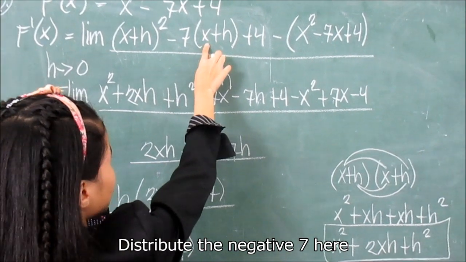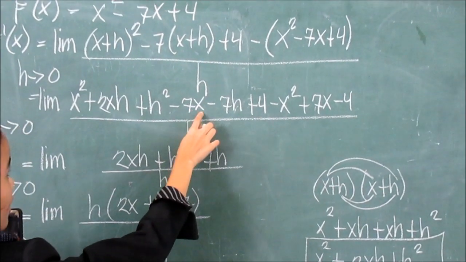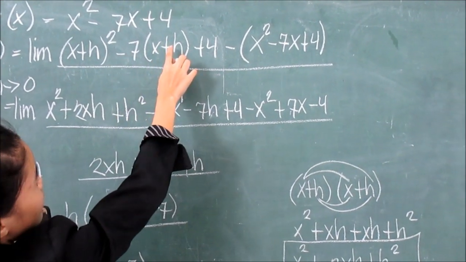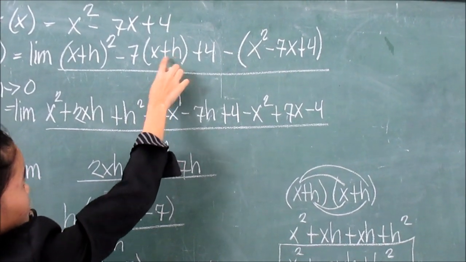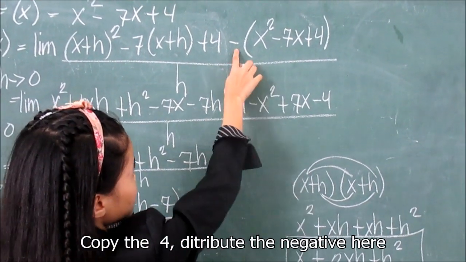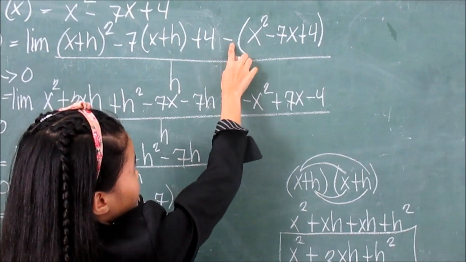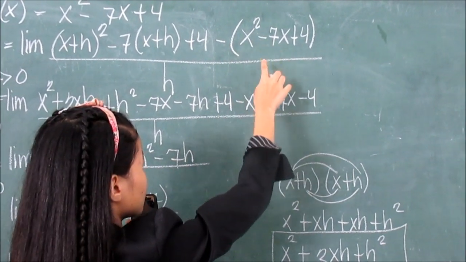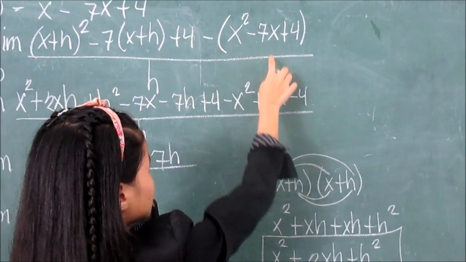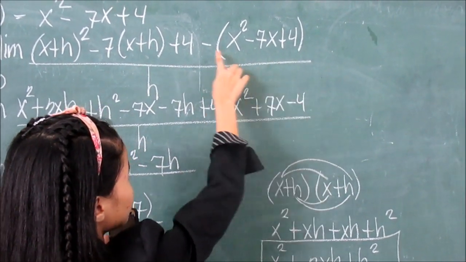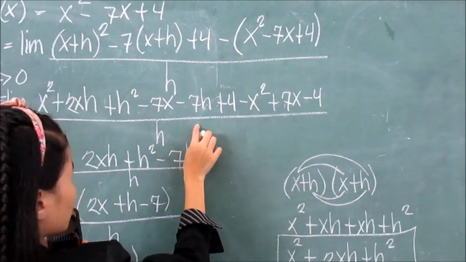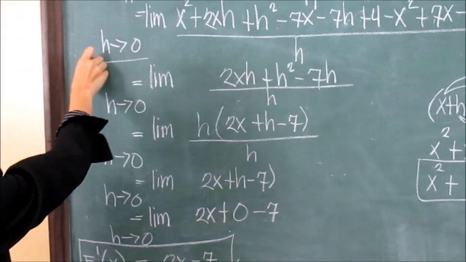So negative 7 times x is equal to negative 7x, and negative 7 times positive h is equal to negative 7h. Copy the positive 4 minus, distribute the negative here. Negative times x squared is negative x squared. Negative times negative 7x is positive 7x. Negative times positive 4 is negative 4 over h as h approaches 0.